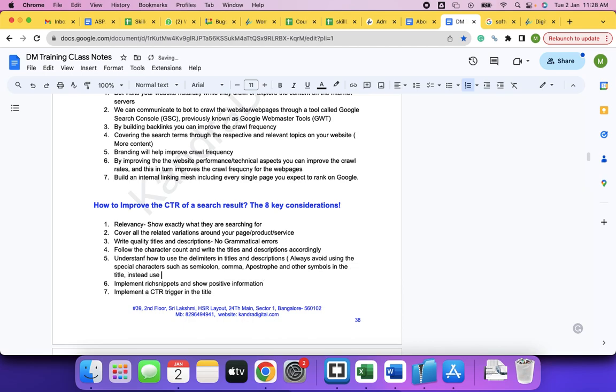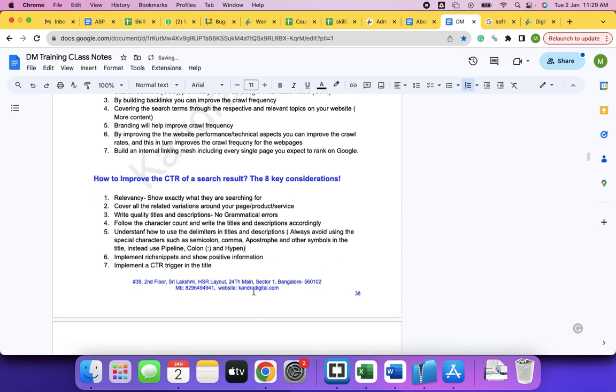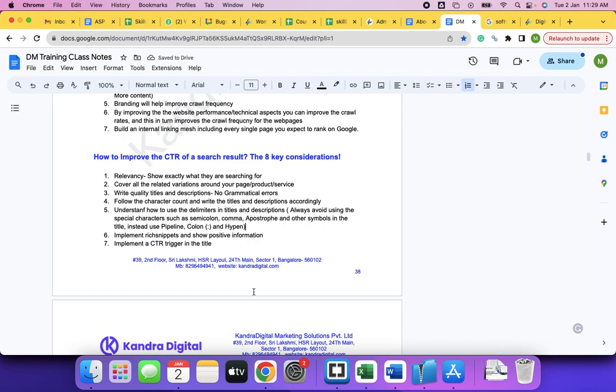Instead, use pipeline, colon, and hyphen.